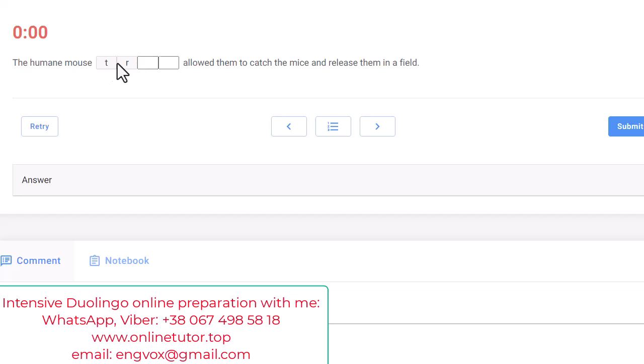Why something? You may be misled by mouse, because you may think that mouse is a noun, so here I must have a verb. No, because here is our verb, allowed. We may not have two basic verbs, one after another, at least in the majority of cases.